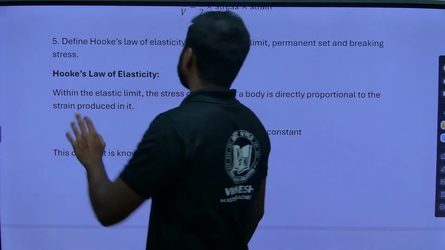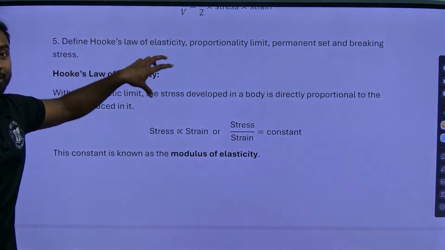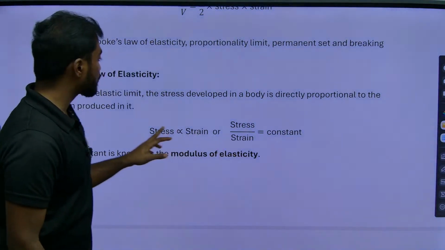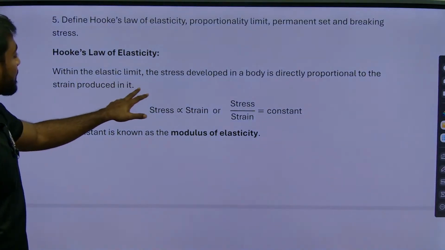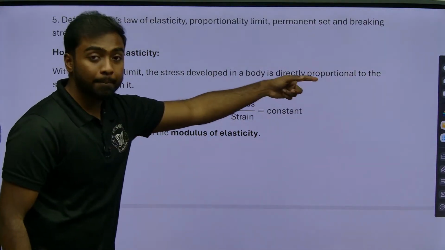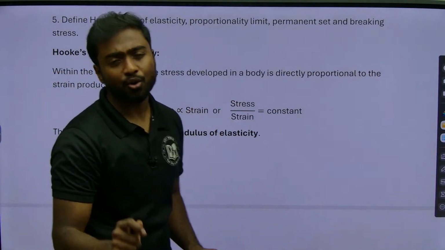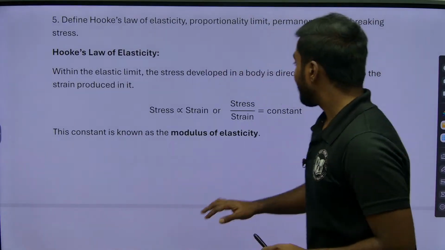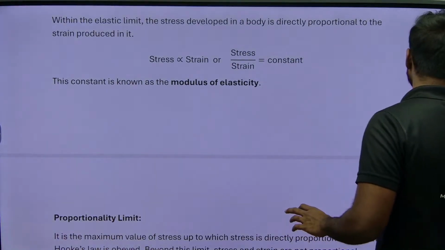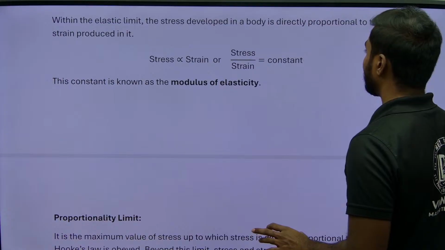Hooke's law is nothing but, within the elastic limit, the stress developed in a body is directly proportional to the strain. So stress directly proportional to strain is called Hooke's law.